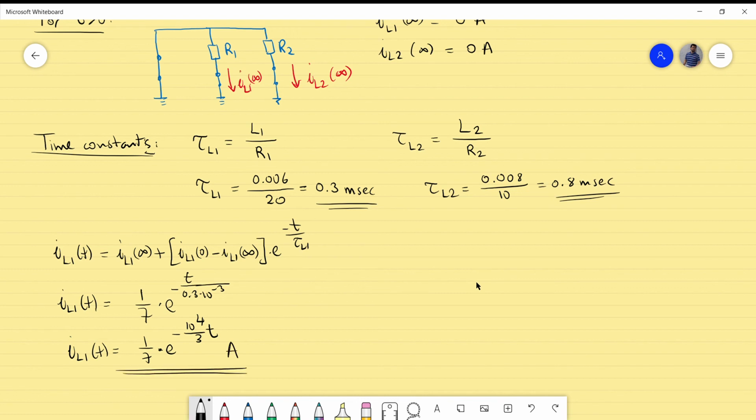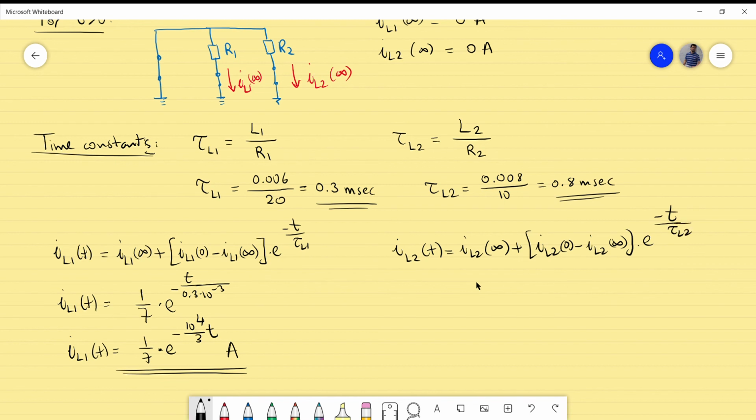In the same manner, we can use the IL2 for the final condition, and in parentheses the IL2 initial minus the final, and then e to the power minus t divided by tau L2.